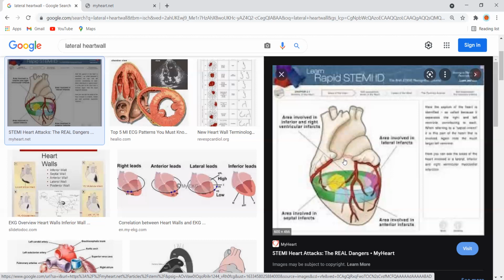Dead tissues are depolarized, so they are already depolarized. So if it is a lateral wall MI, the lateral wall is already depolarized. It does not need any depolarization. So the current that is coming from the SA node will depolarize the right side of the heart. That's why the direction of current is towards the right. Because the coming current will depolarize only the right side of the heart.